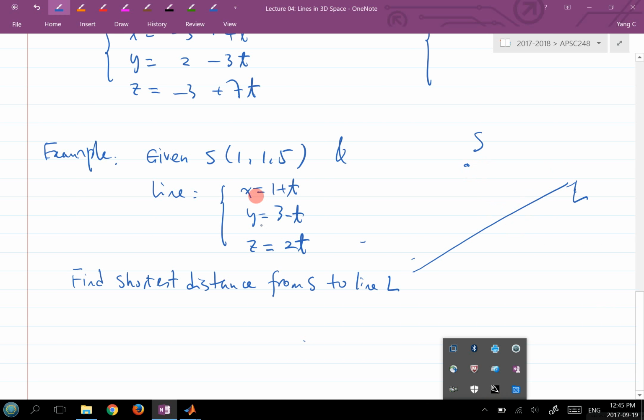What's your thought? Check your line equation, and then what? How do you compare or check? This is (1, 3, 0). Okay, it's different from (1, 1, 5).